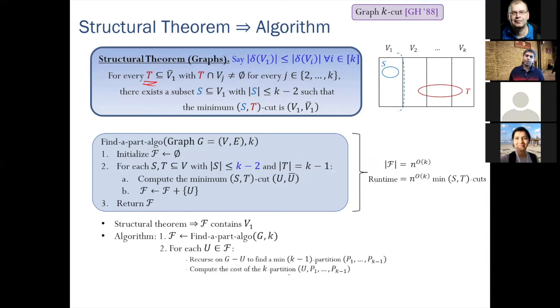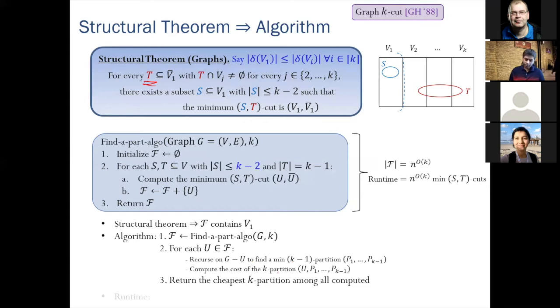Now compute the cost of the K partition, U comma P1 through Pk minus 1 in G. And return the cheapest K partition among all that we have computed. The correctness of this three-step algorithm follows from the fact that the family F contains V1 and by induction on K.